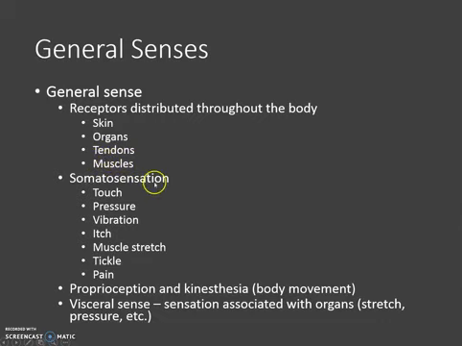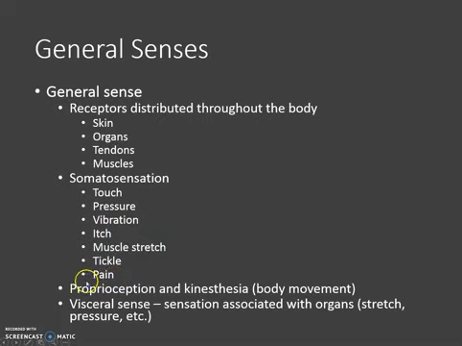And somatosensation is related to also these general senses, these body senses. So these receptors are going to detect things like touch, pressure, vibration, itch, muscle stretch, tickle, and pain.